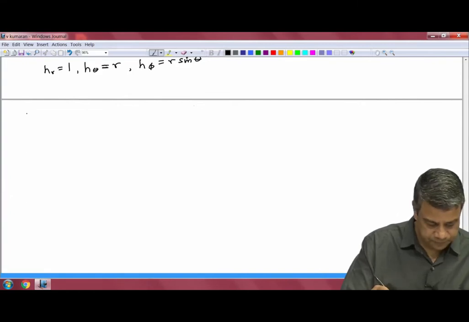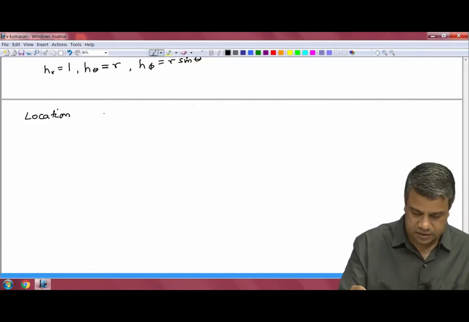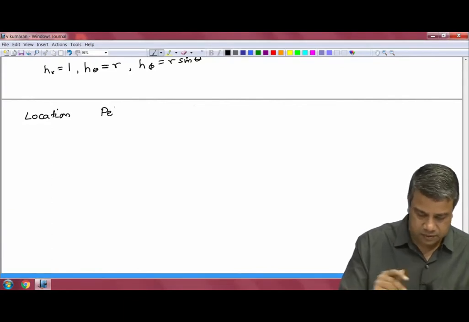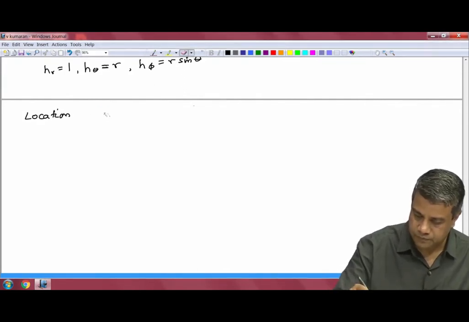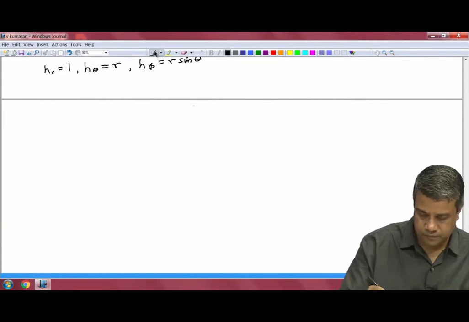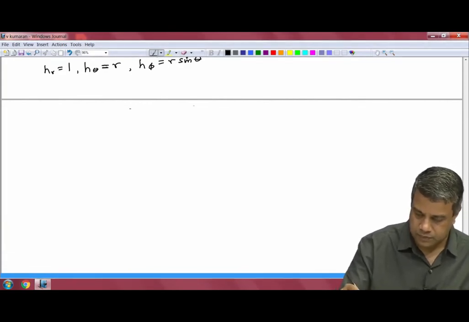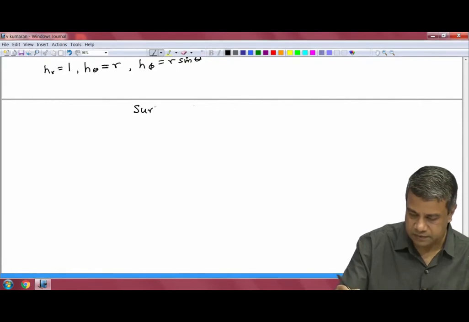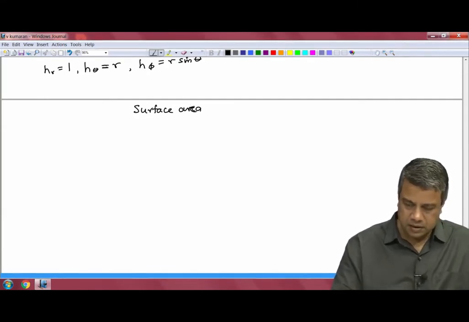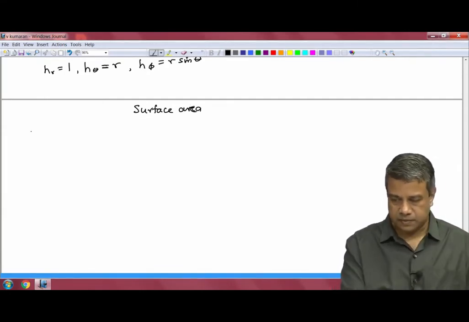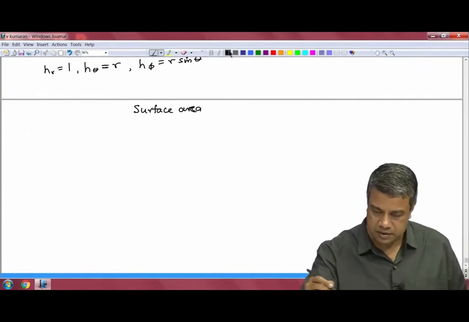I will just give you the surface area of each of these surfaces. Let me just draw for you once again what is the differential volume.